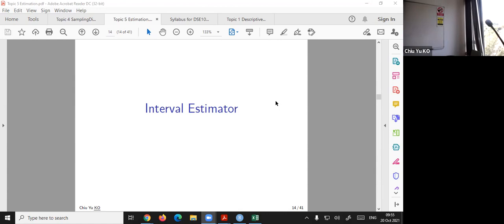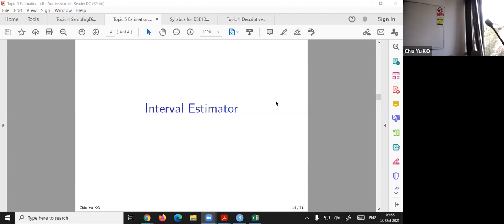It means instead of saying the average income of Hong Kong people is 20,000 per month, we say it's going to be between 18,000 and 22,000. Instead of saying 20,000, I'm going to add and subtract 2,000 to our guess.